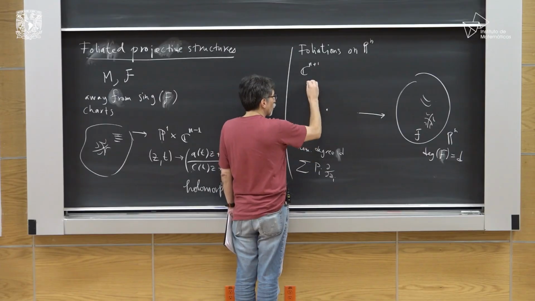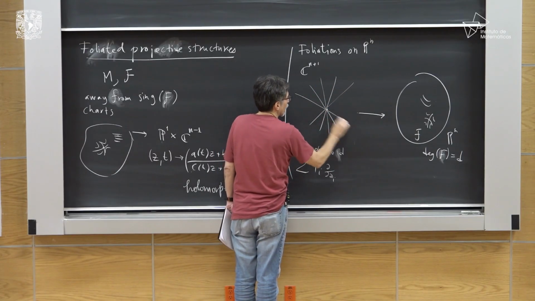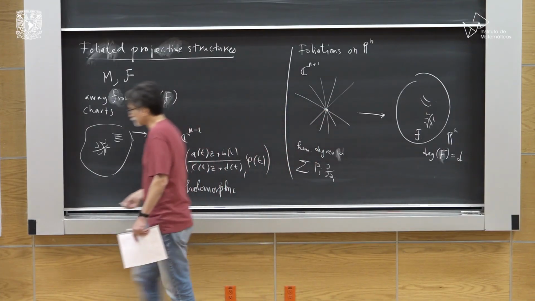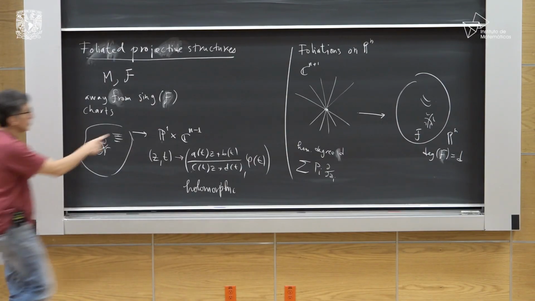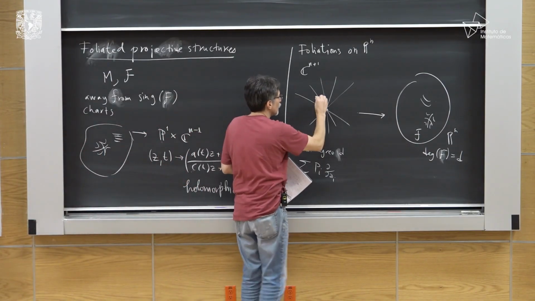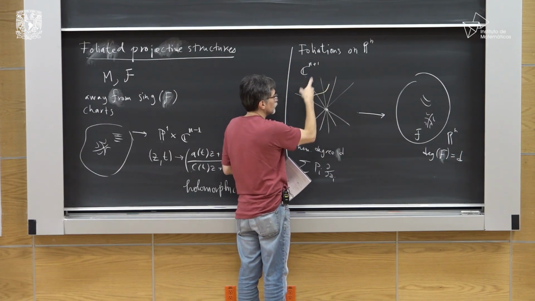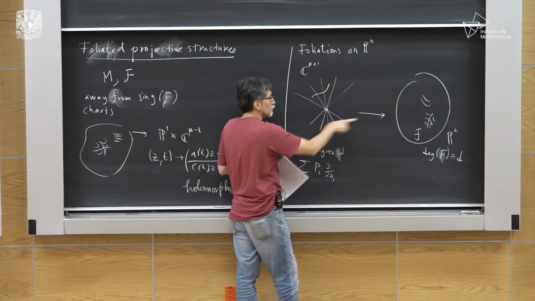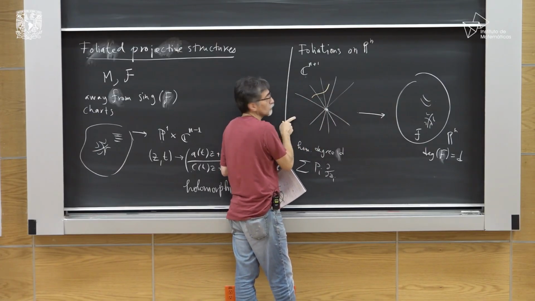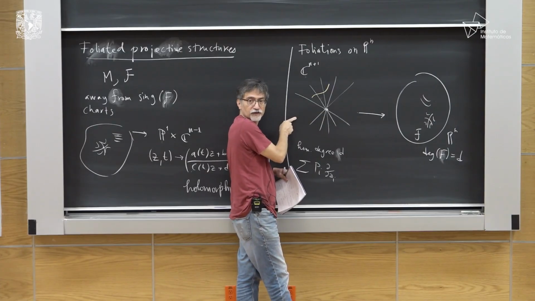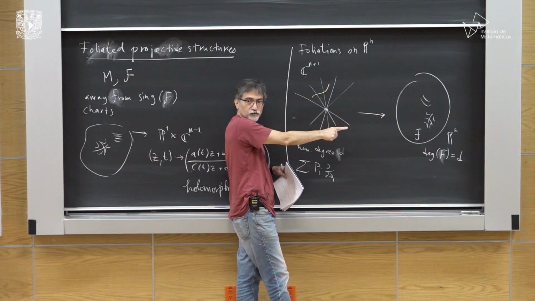And the fact that they are homogeneous tells you that I have this radial direction, and that if I take an integral curve of the vector field, the foliation is produced by the projection of the integral curves of the vector field here, and all the foliations on projective space can be constructed in this way.